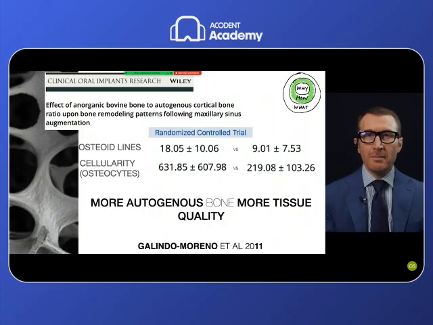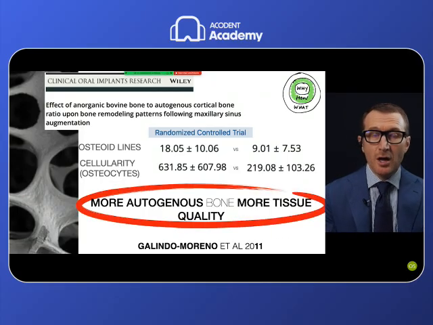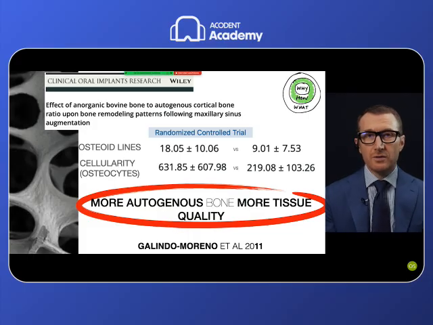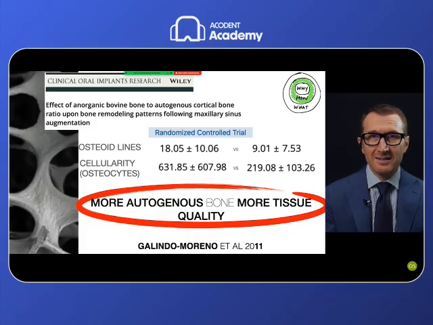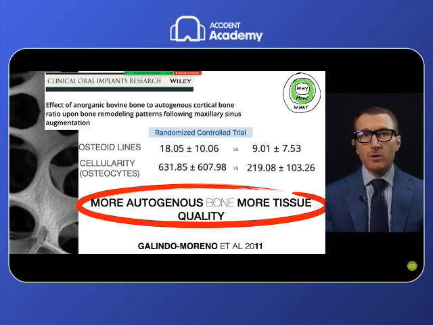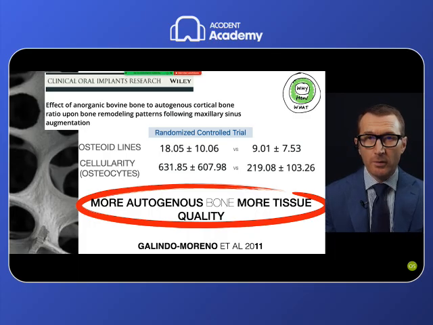But we have to remember that the more autogenous bone you place, the more quality of tissue you obtain, and this is the result, again, of a randomized controlled trial. It means that we have more osteoid lines, meaning more areas where new bone is going to be formed, and we have more osteocytes, meaning that we have more vital tissue.